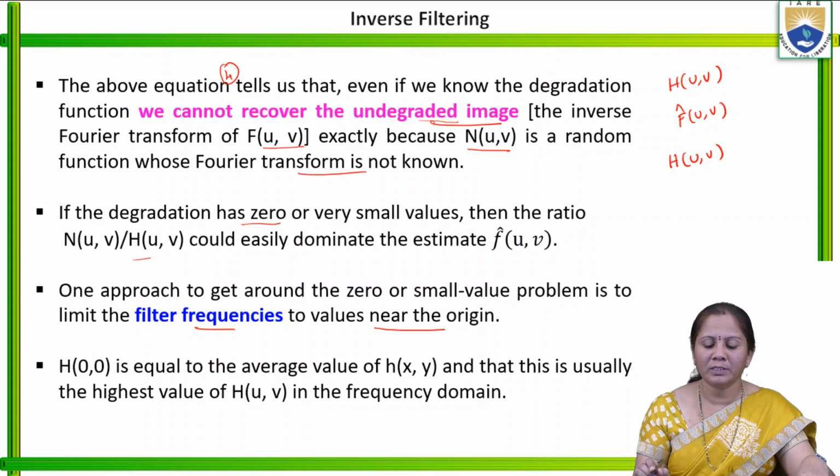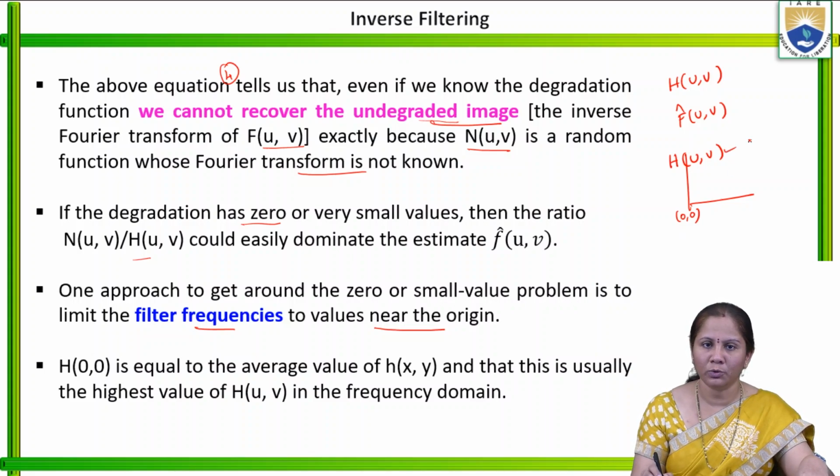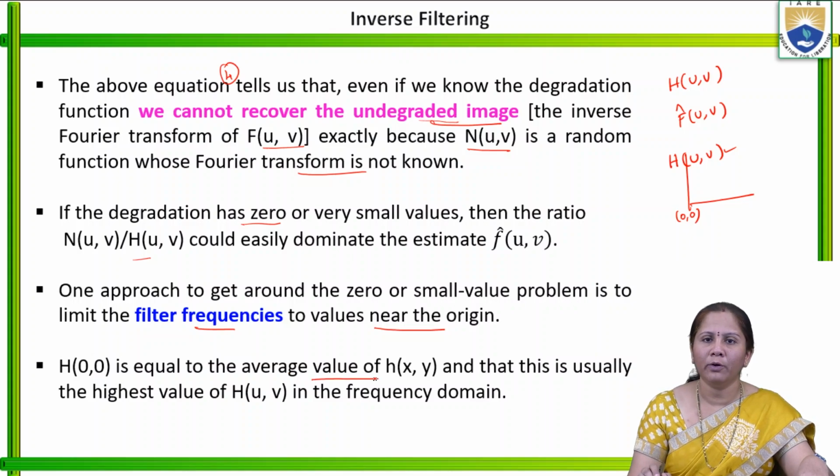The selected frequencies should be very near to the origin. At the origin, generally the points will be 0, 0. That means the values of u and v will be 0 and 0. So h of 0, 0 will be equal to the average value of h of x, y, and that should usually be the highest value, the next value other than 0 that we have to consider in the frequency domain.